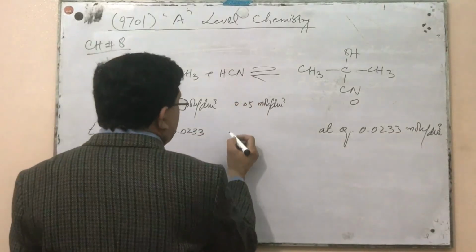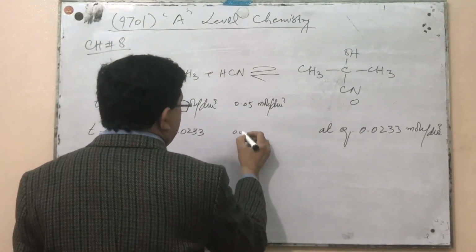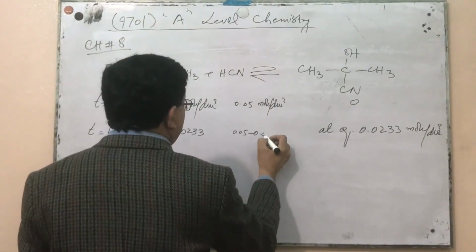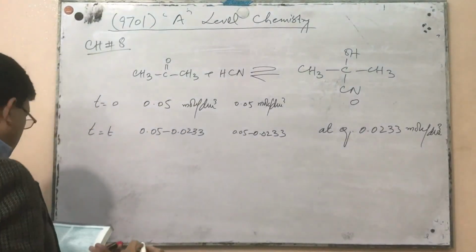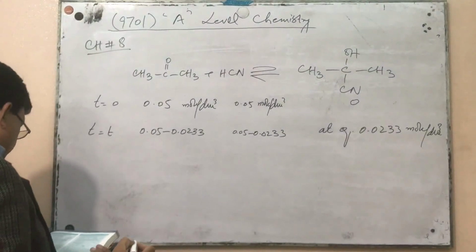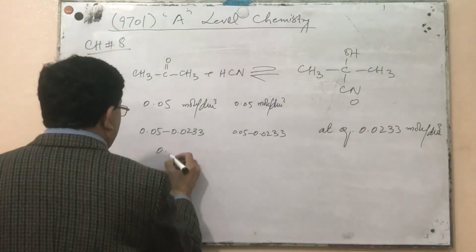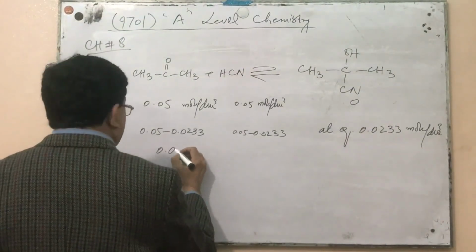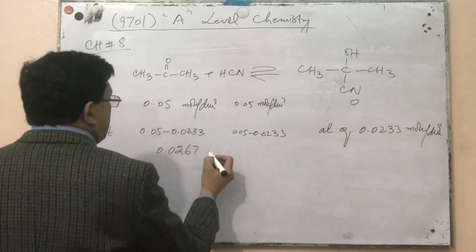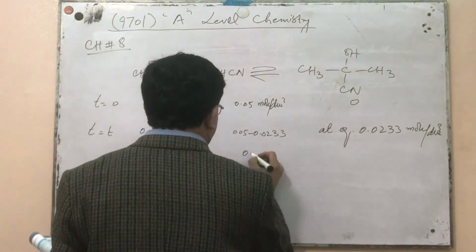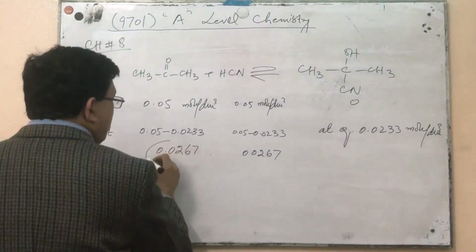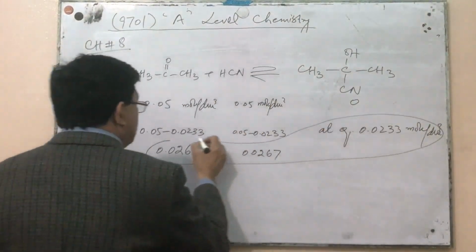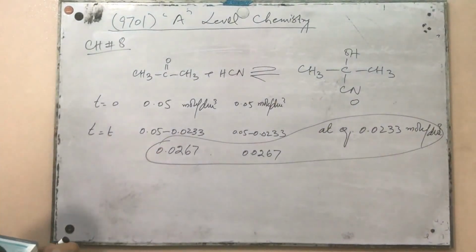And similarly, the same will happen with this 0.05 minus 0.0233. What will we get? This will become 0.0267, and the same amount 0.0267 we will get.